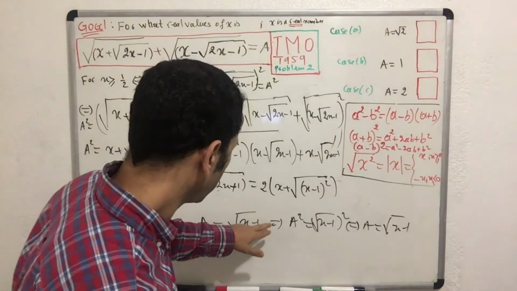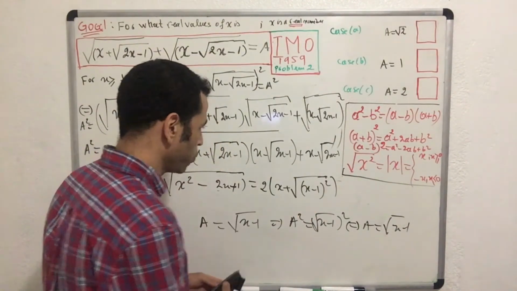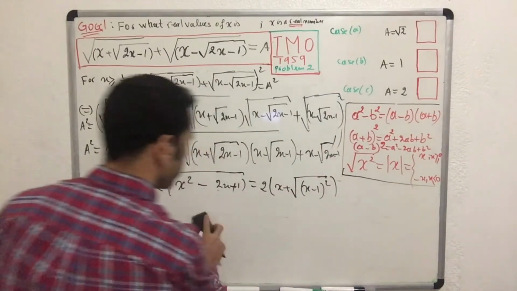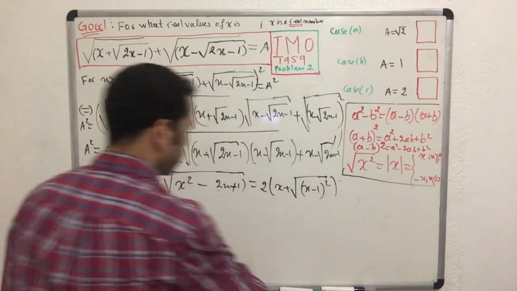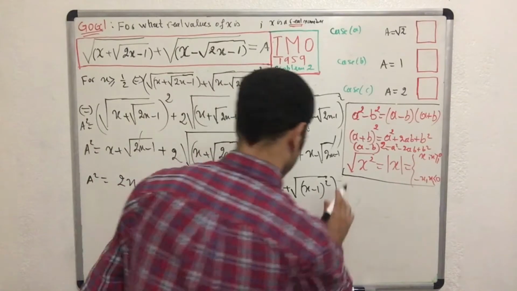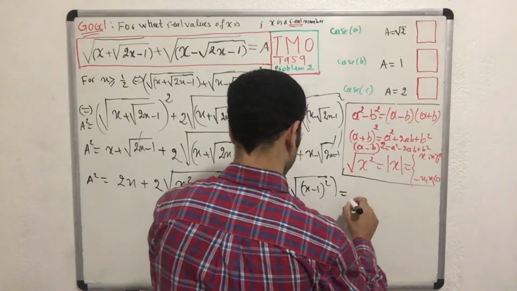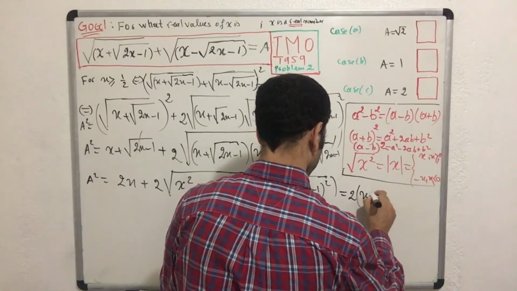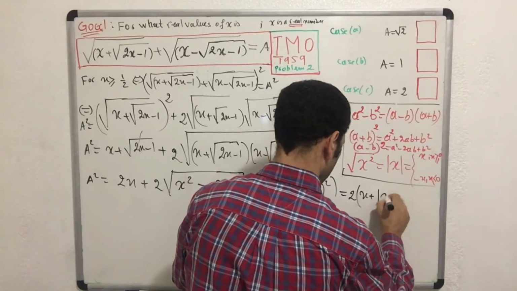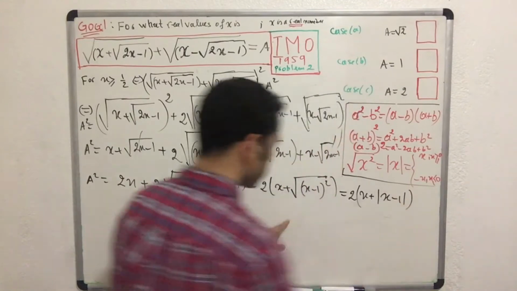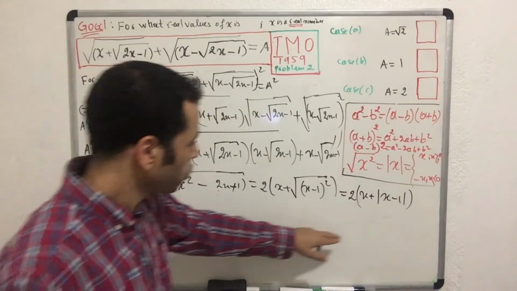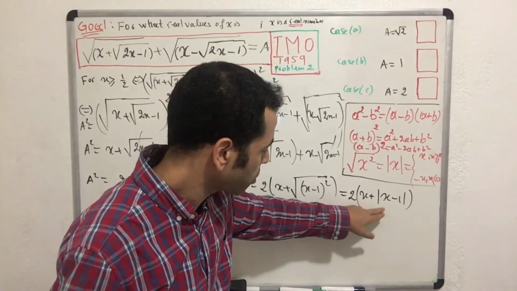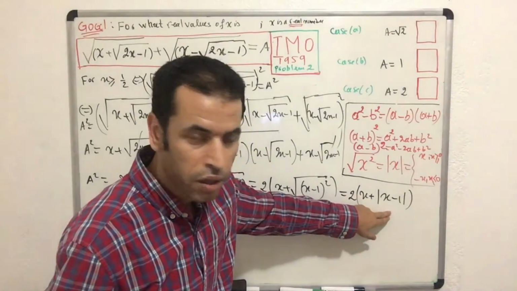That's the reason why we have to be careful when taking a number out of a square root, okay? Now, my equation becomes 2 times factor x plus absolute value of x minus 1, okay? Now I'm going to determine the sign of this number, okay?